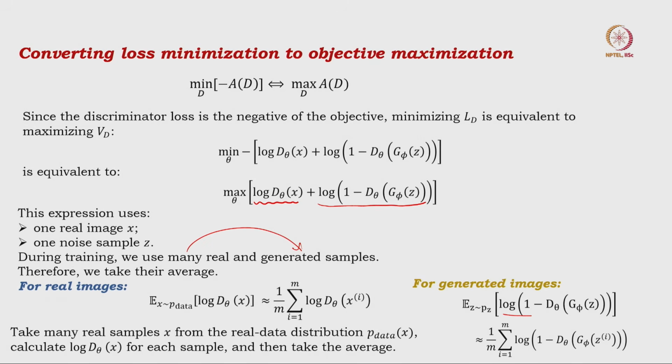So in this particular slide, what have we understood? The minimization is equivalent to maximization. If minimization is denoted as LD, the maximization we will denote as the value function at the discriminator side, VD.